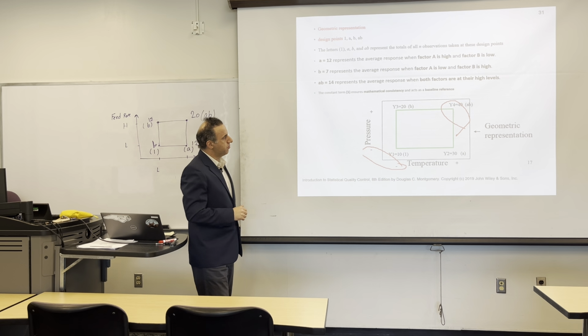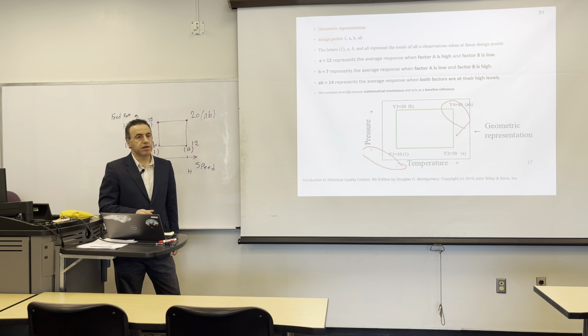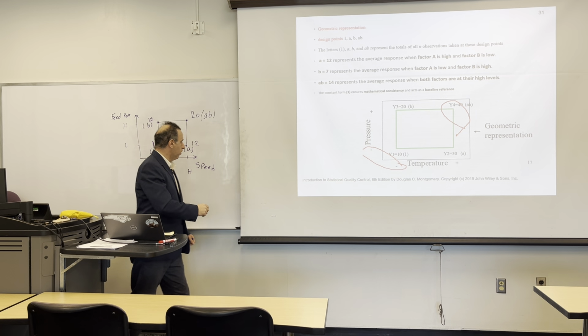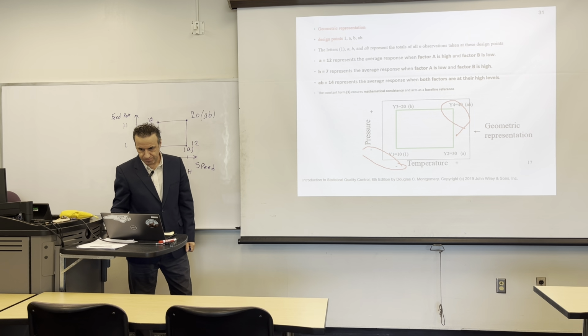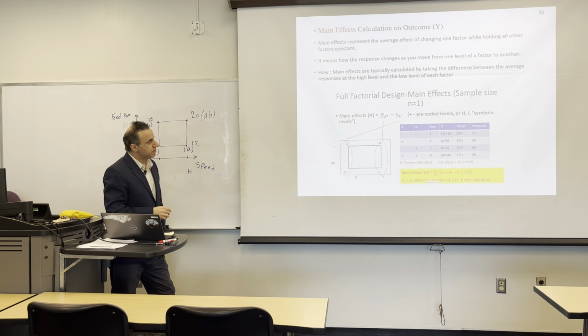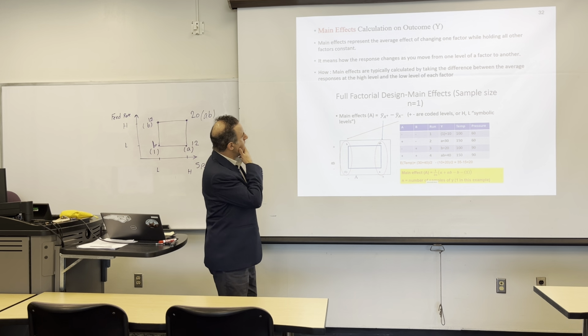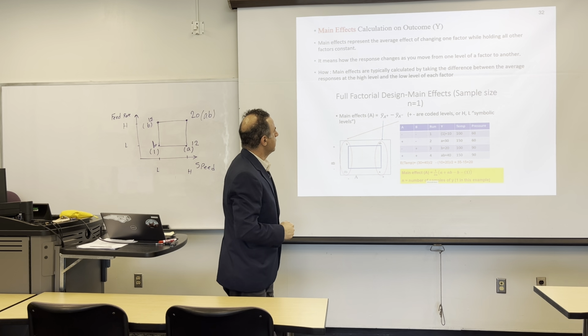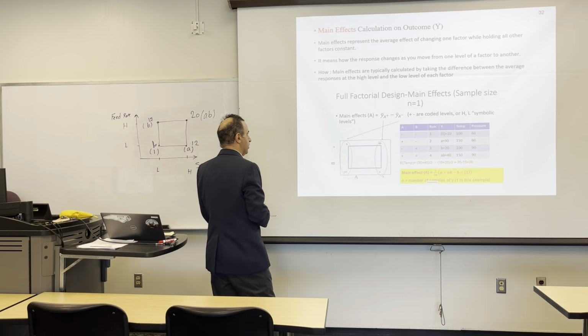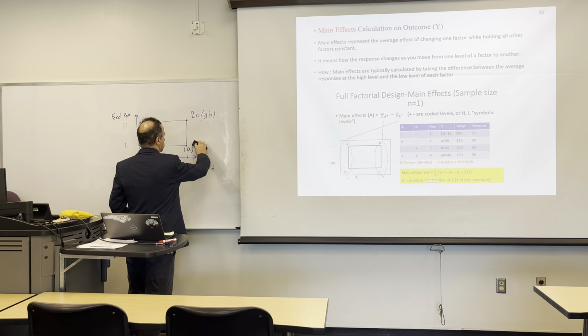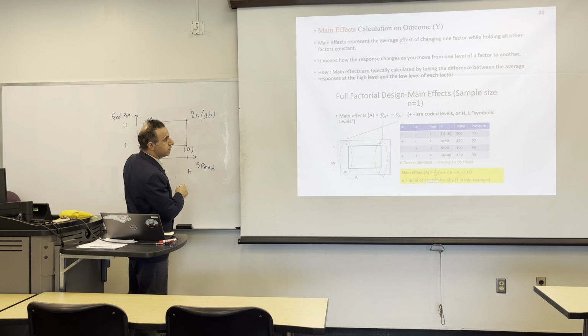Why do we need them? We can use them to find the main effect of speed, the main effect of feed rate, and the interaction. So in this experiment, let's say this is different data. Pressure, temperature. That is 10. A is, let me change, this is 30.